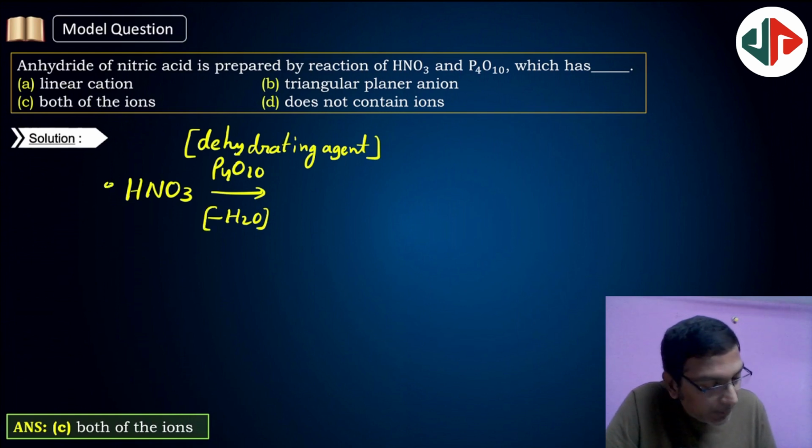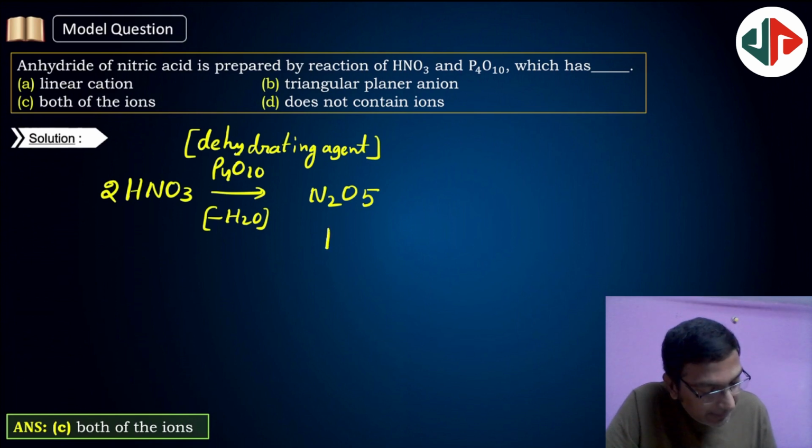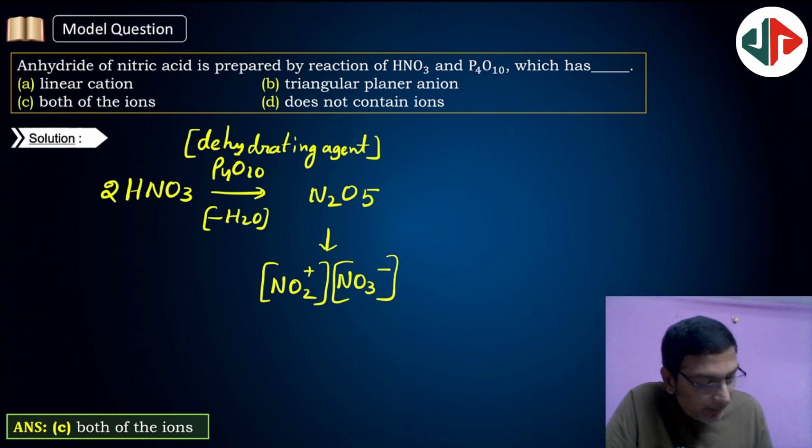So take here 2 moles of HNO3, minus H2O gives N2O5, dinitrogen pentoxide. So we can write N2O5 as NO2 plus and NO3 minus. In solid state, it exists as ionic form.